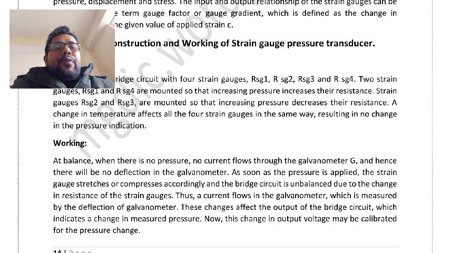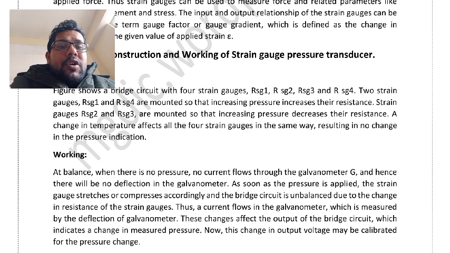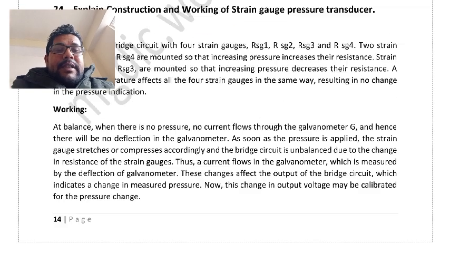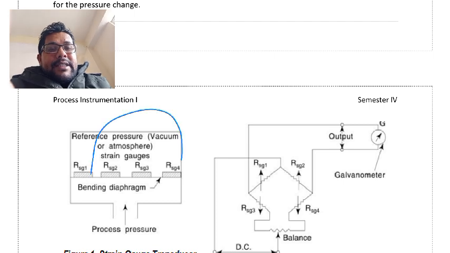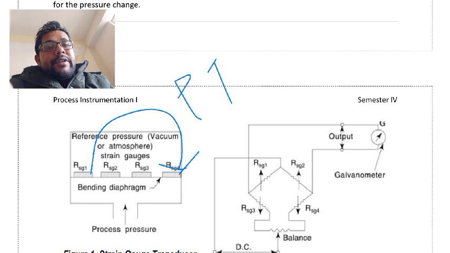So this is the construction, which we have already seen. R1 and R4 are for increasing resistance: as the pressure increases, their resistance must increase.